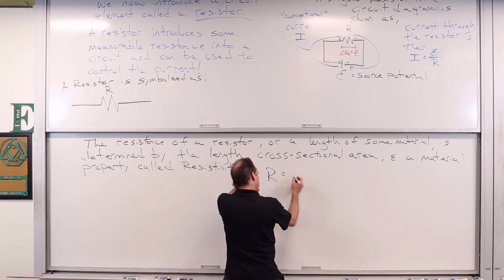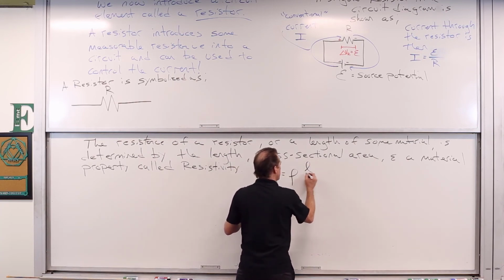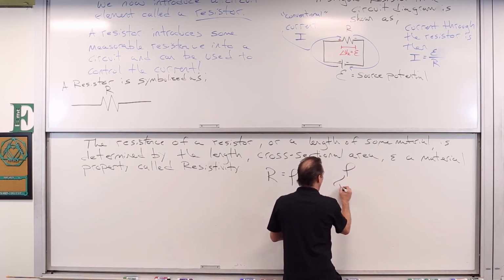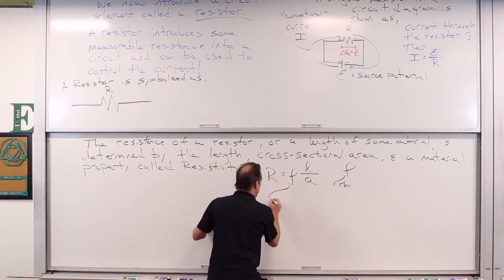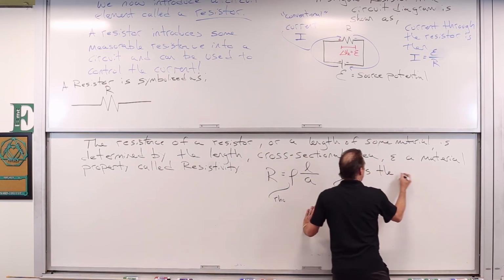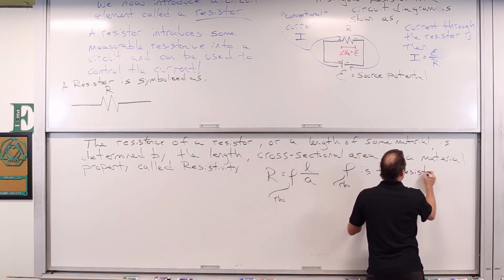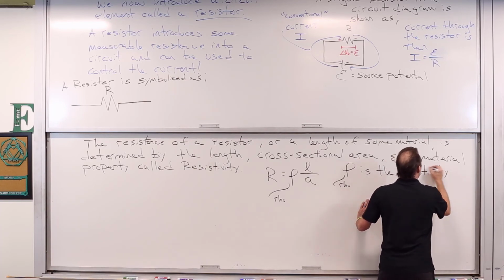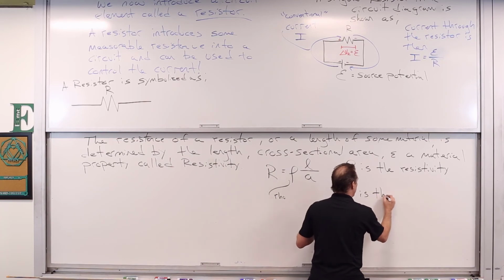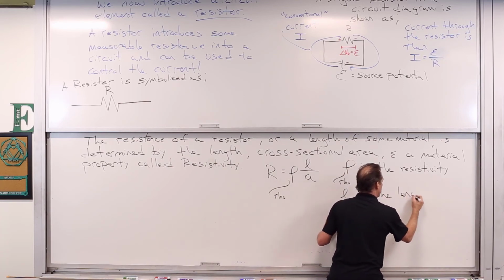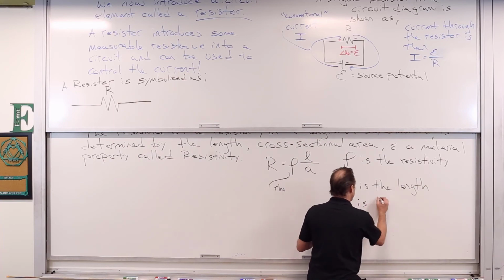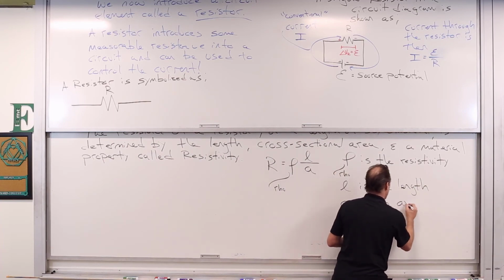R is equal to rho times L divided by A. Rho is the resistivity of the material. L is the length of the material, and A is the area of cross section.